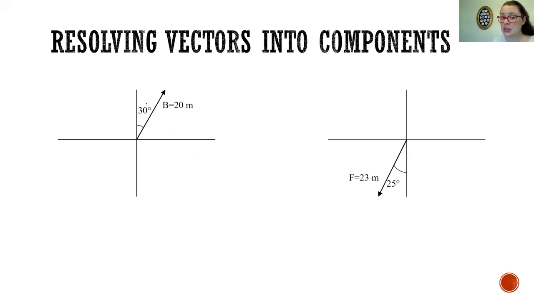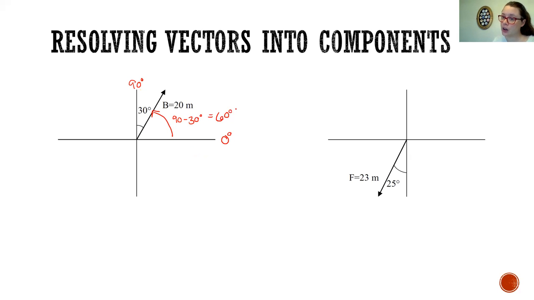So for vector B here, we have 30 degrees, but you'll notice the 0 degree line is here. This is the 90 degree line. So it's not referenced from 0, it's referenced from 90, so we need to correct it. If this is 90 and I go back 30, that must mean that this angle is 90 minus 30, which is 60.